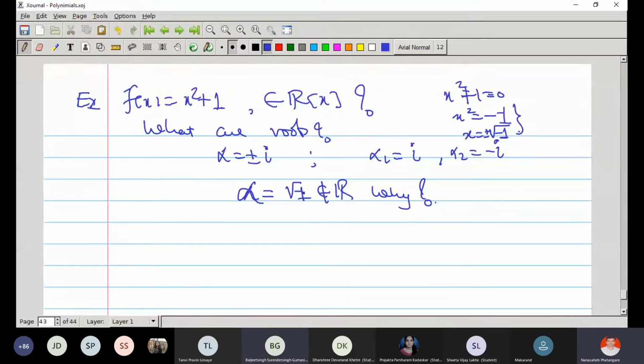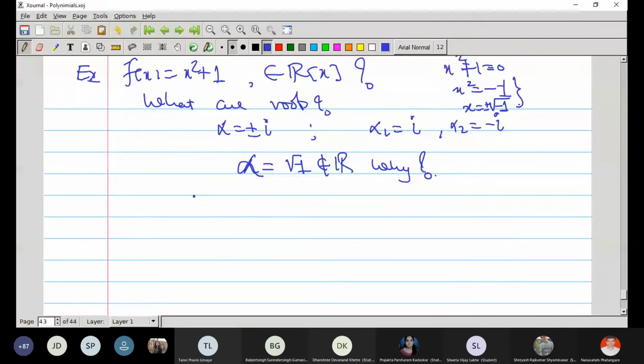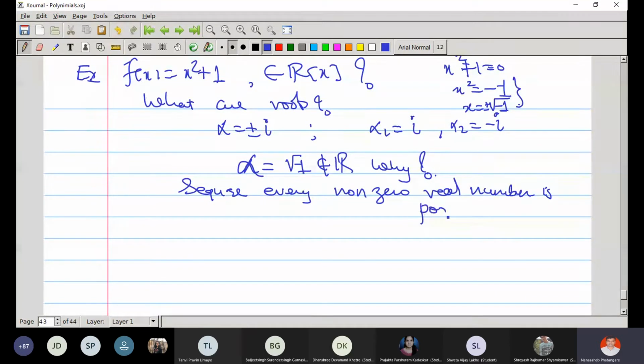Its square is negative. Right. So the square of every non-zero real number is positive. This is a very fundamental property of real numbers which is not satisfied by this alpha.